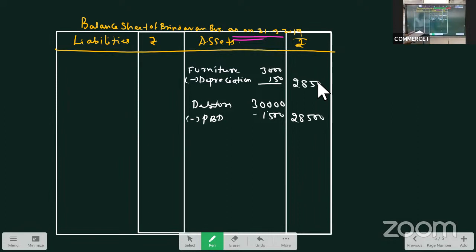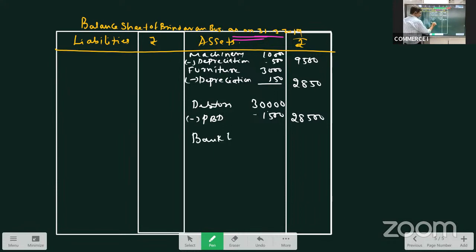Then we have machinery. Machinery is again a fixed asset. Machinery is given as 10,000. On that, we have a depreciation of 500, I guess. So we deduct 500 and take 9,500 in the output. Then insurance, it's an expense we have taken. Bank balance.